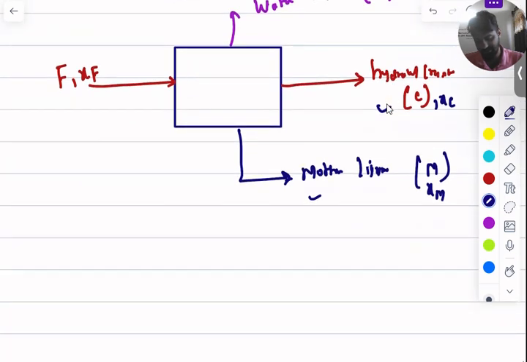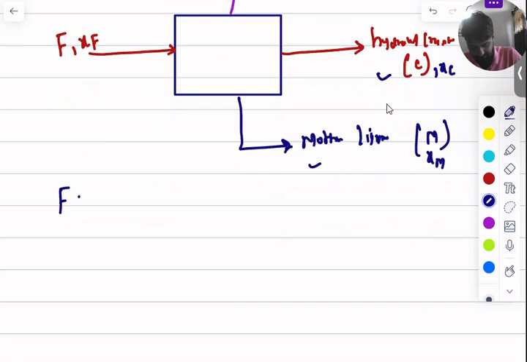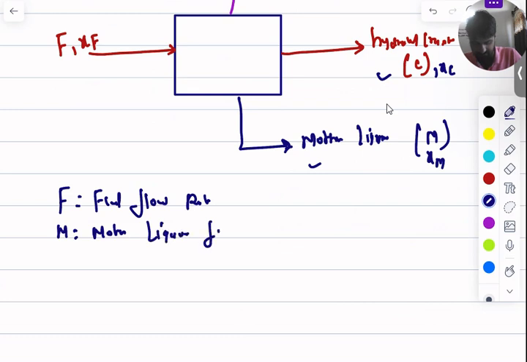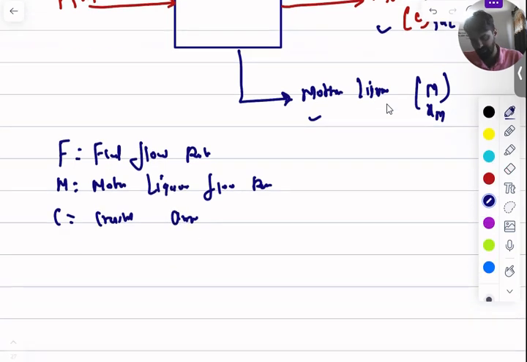So here you can see that F is your feed flow rate, M is your mother liquor flow rate, and C is your crystal amount, right?